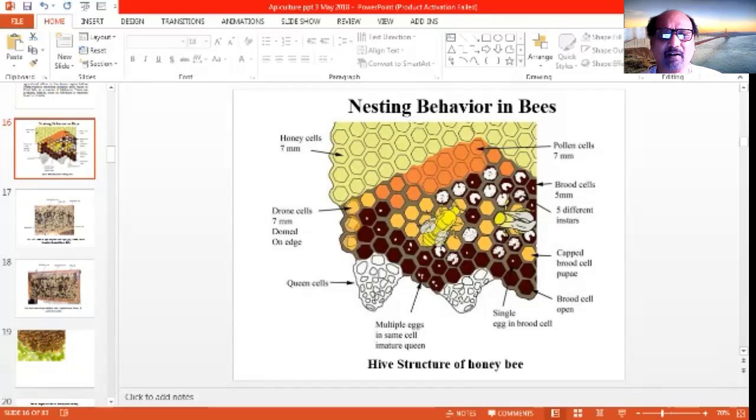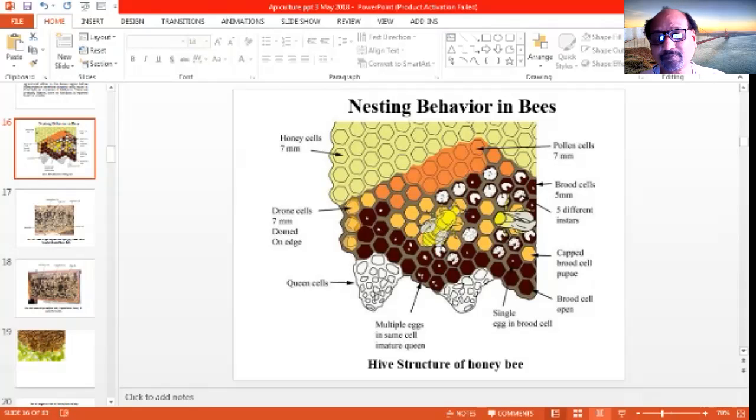We can count how many queens have developed, meaning how many times the colony has multiplied, with the help of the queen cells. So this is the structure of the nesting behavior in bees.